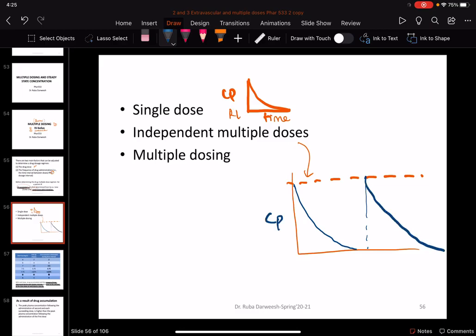Okay, so this is CB versus time on a rectilinear profile because we have exponential, and this is CB node for the second dose, and this is CB node for the first dose. This is the first, this is the second.